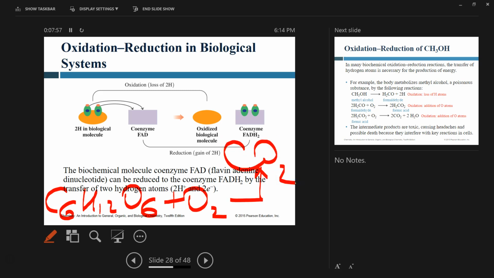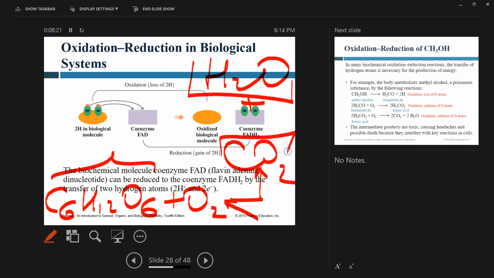So the products of this reaction are carbon dioxide and water. So essentially in this reaction, the molecule of glucose gets oxidized. It loses the electrons to oxygen, producing water and carbon dioxide.